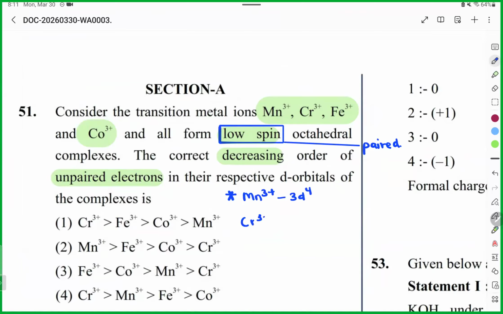Chromium 3+ will be 3d3. Iron 3+: 26 is 3d6 4s2, so 3d5. And last, cobalt 3+: 27 minus 3 is 24, so 3d4. You have to identify the unpaired electrons.